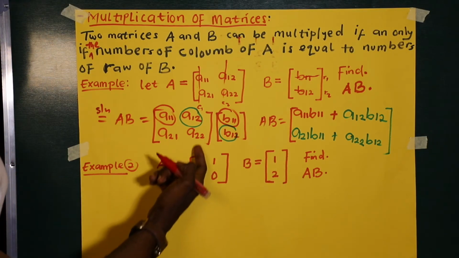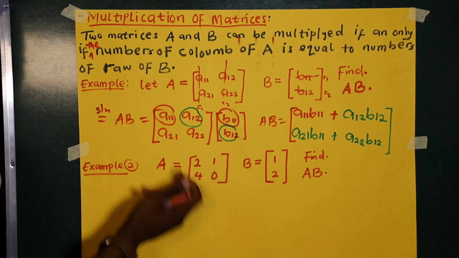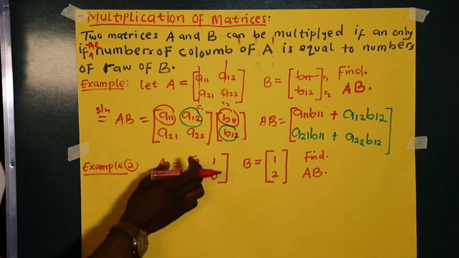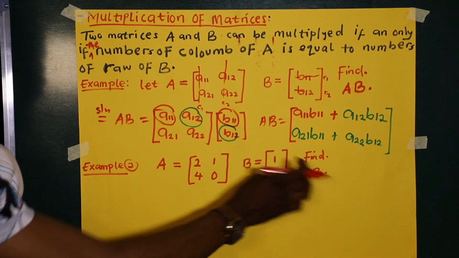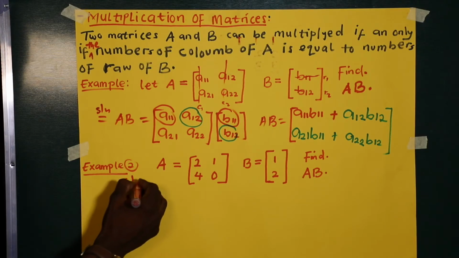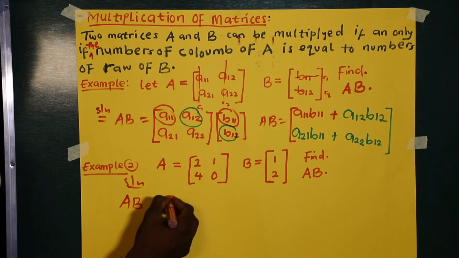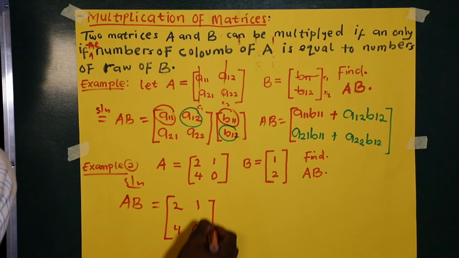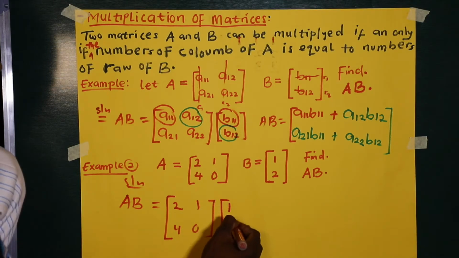So we can multiply it when the matrix A has two columns and the matrix B has two rows. Now, for the AB solution, first keep the matrix of A, 2, 1, 4, 0, and keep the matrix of B together, 1 and 2.